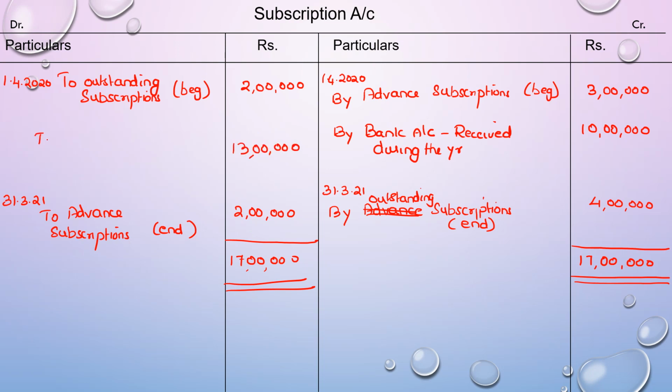So this would be to income and expenditure account. This is the balancing figure, 13 lakh. This is the amount which would be credited to income and expenditure account.